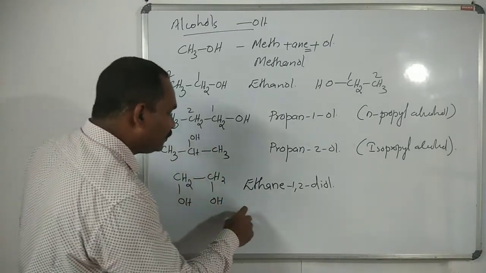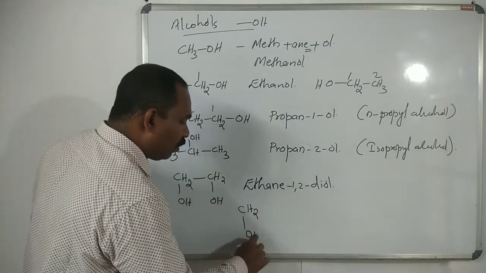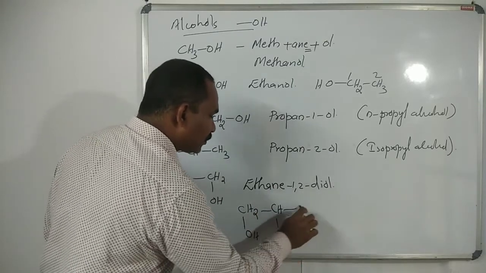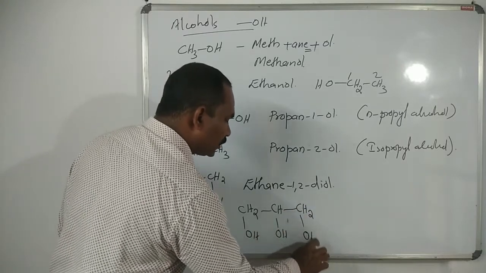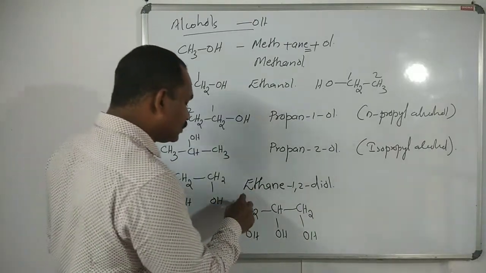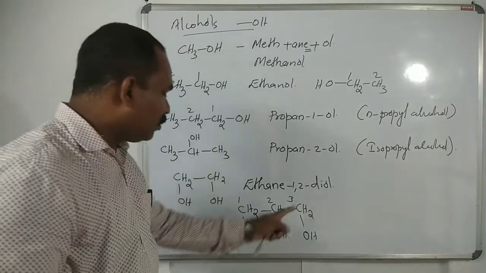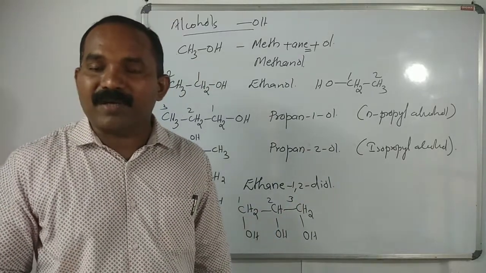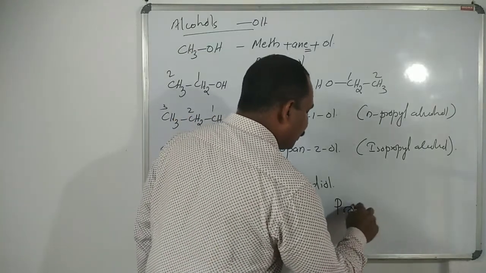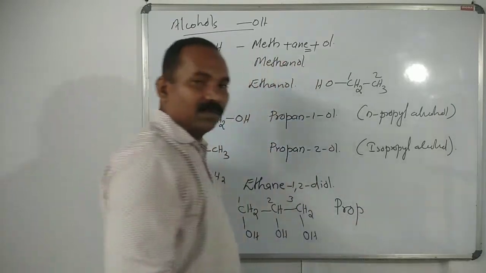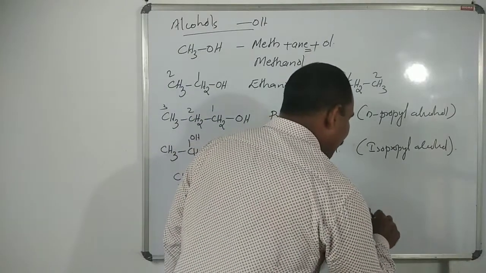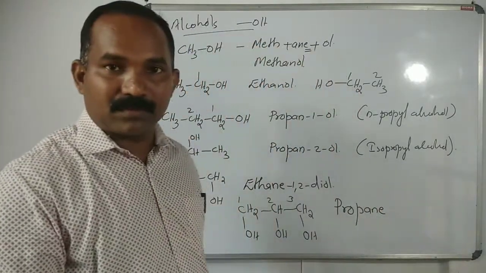Then another example, CH2OH CH2 CHOH CH2OH. From any direction, the numbering is 1, 2, 3, similar. The functional groups are at the 1, 2 and third positions. Three carbon atoms, so prop. Single bond between the carbon atoms, so ane, propane.